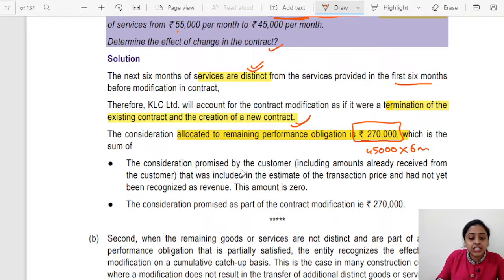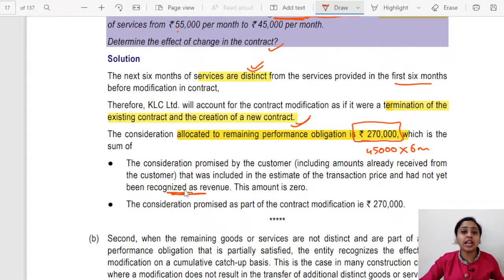The consideration promised by the customer, including amounts already received from the customer that was included in the estimate of the transaction price, had not yet been recognized as revenue, because the next 6 months that were upcoming were not recorded as revenue. Only for the first 6 months they were recorded as revenue, because at the end of every month, the revenue is being recognized in the books of accounts.